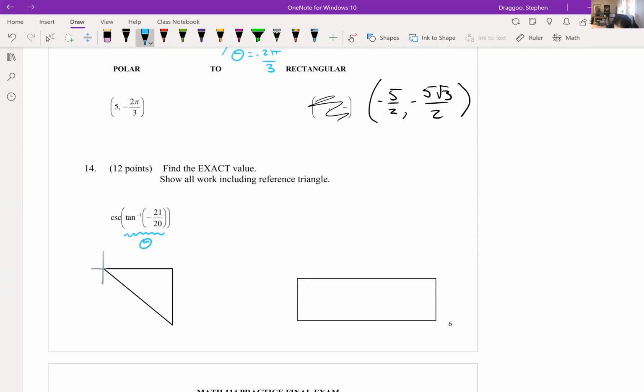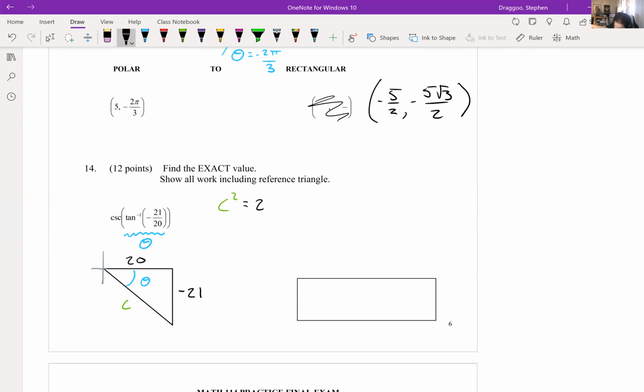So we're going to call this angle theta right there. Tangent inverse of negative 21 over 20 will be theta. So then I just need to slot those numbers in somewhere. So opposite over adjacent. So 21 goes there, 20 goes here. And we're in the fourth quadrant, so the y value should be negative, and we're missing c, the hypotenuse.